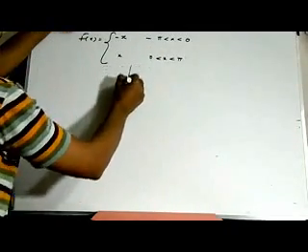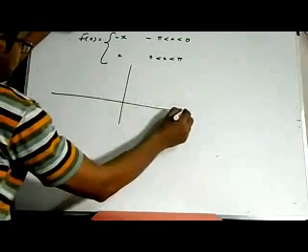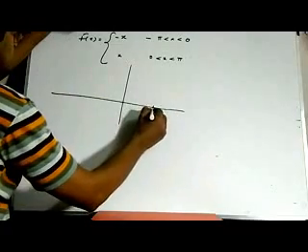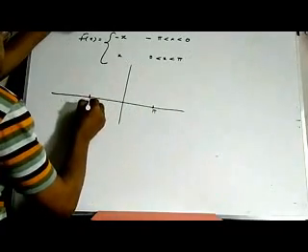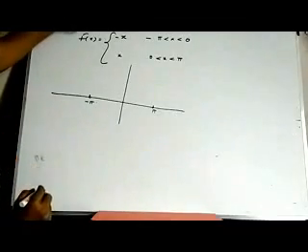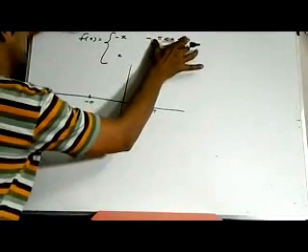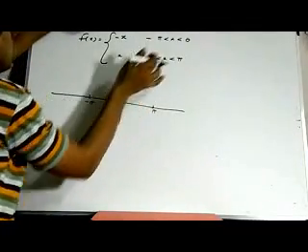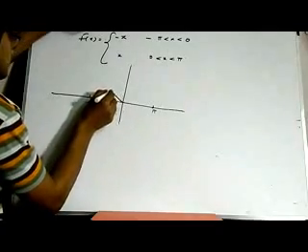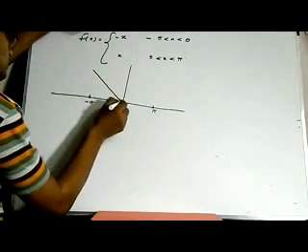Now I want to draw the graph of this function. This is π and this is minus π. Note this important thing. Now in this interval x will be negative, so the graph of the function will be like that, although it is discontinuous.